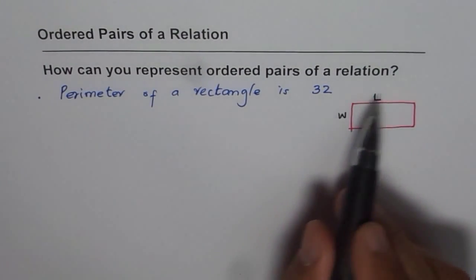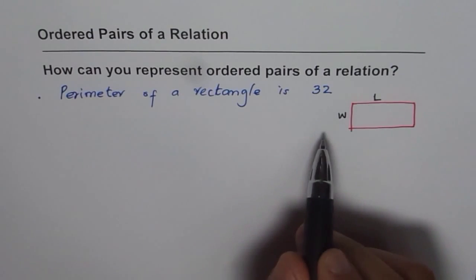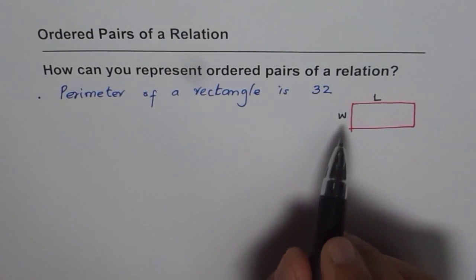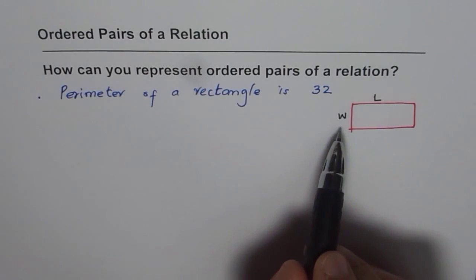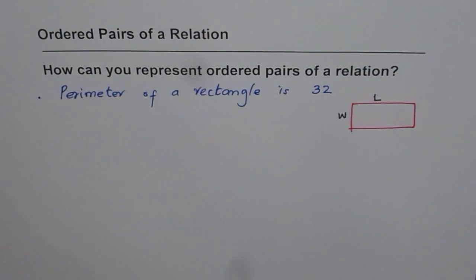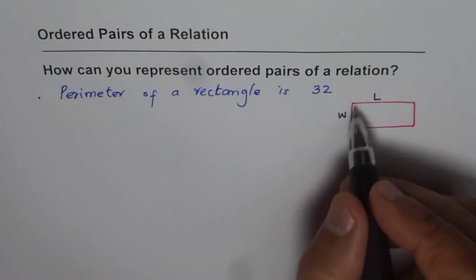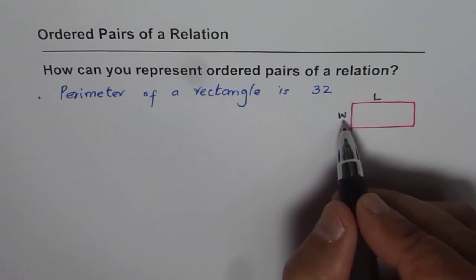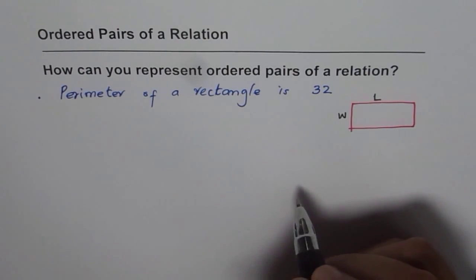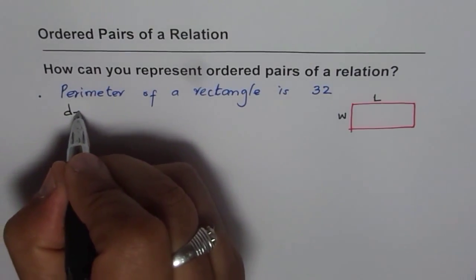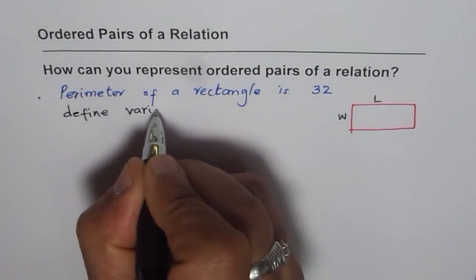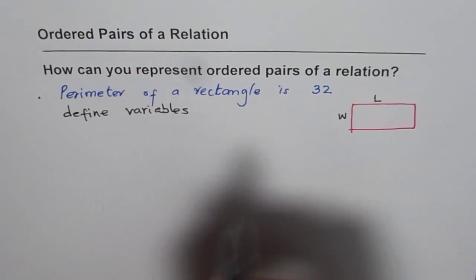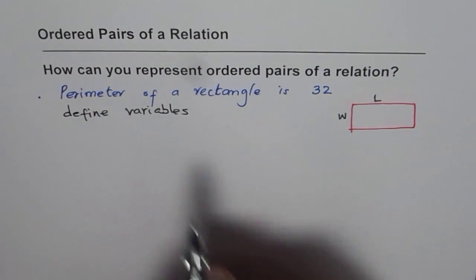So whenever we have a relation, we have to define our variables. So the first step is to define variables. In this example, let's define variables as the sides of the rectangle: width W and length L. Whenever a relation is given to us, try to define variables.